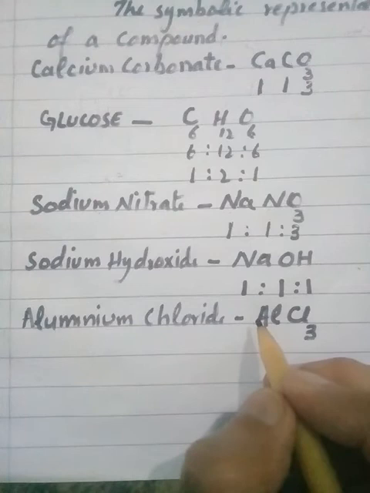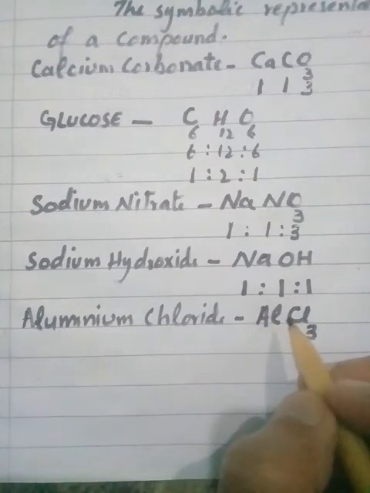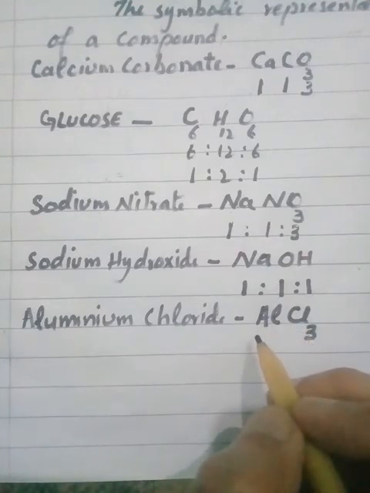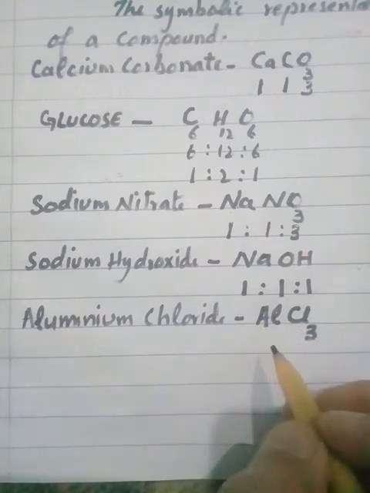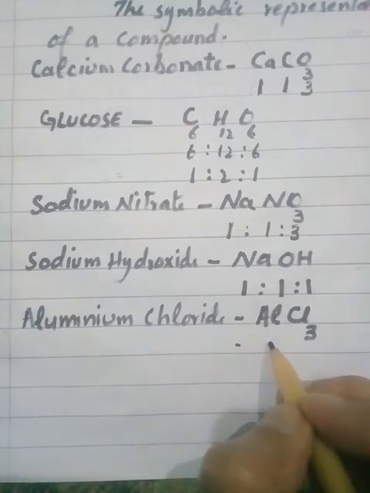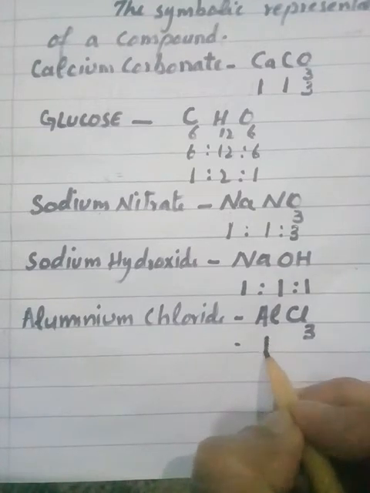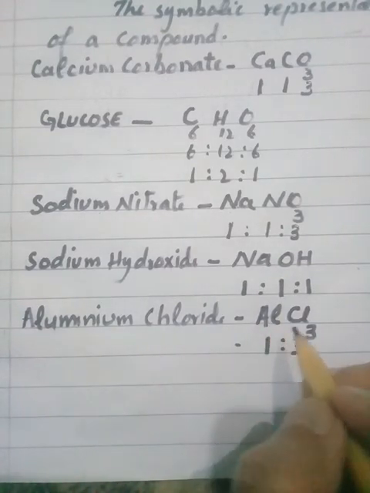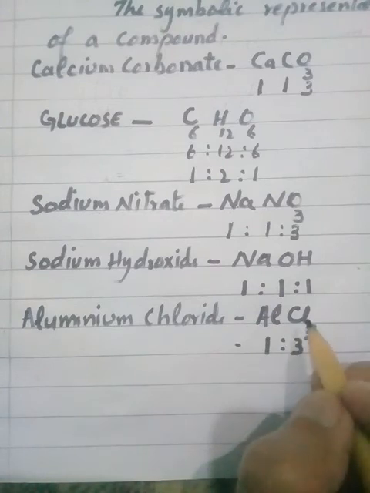How many types of atoms are present? Aluminium one type, chlorine other type. 2 types of atoms are present in aluminium chloride. Now, what is the ratio of aluminium and chloride? That is 1:3. One atom is combined with 3 atoms of chlorine.